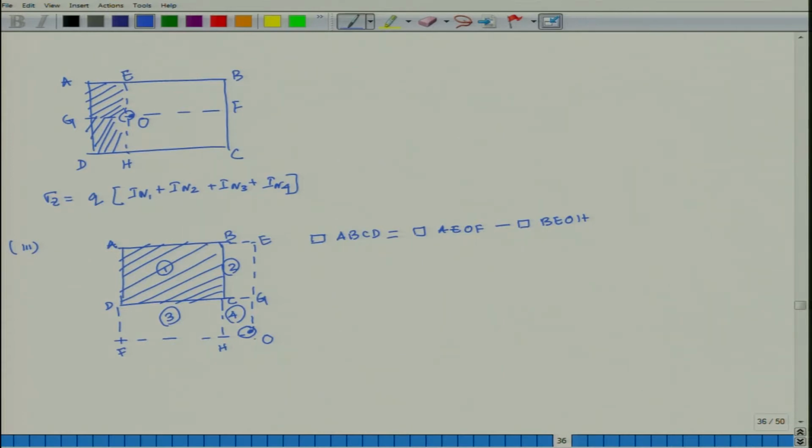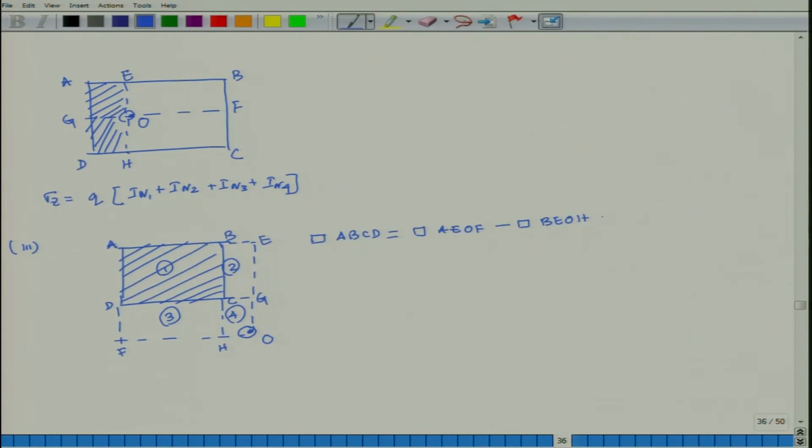This is the point O outside the area. I extend it so that this is the total rectangular area, at the corner, out of which I remove this rectangle. Again this is at the corner, and I remove this rectangle. Then this part has come twice, so it will be added.